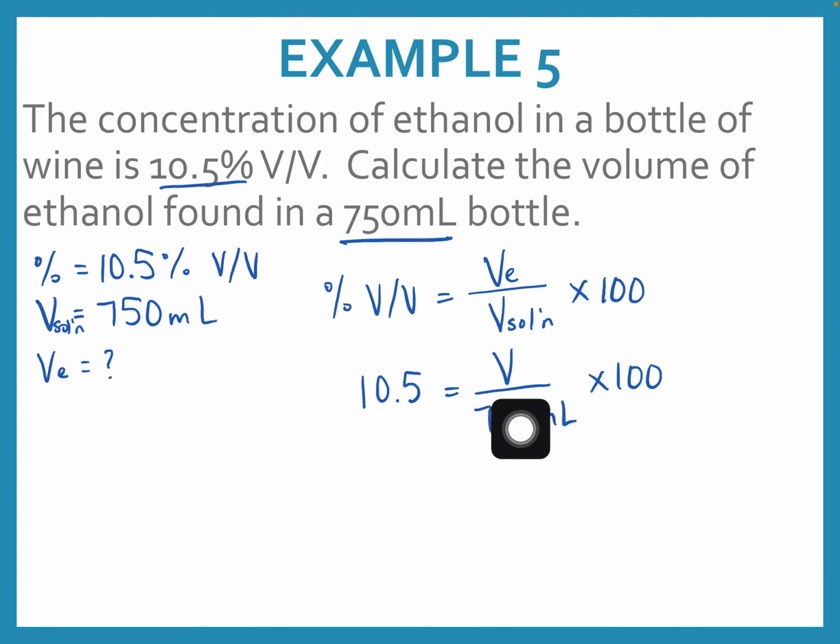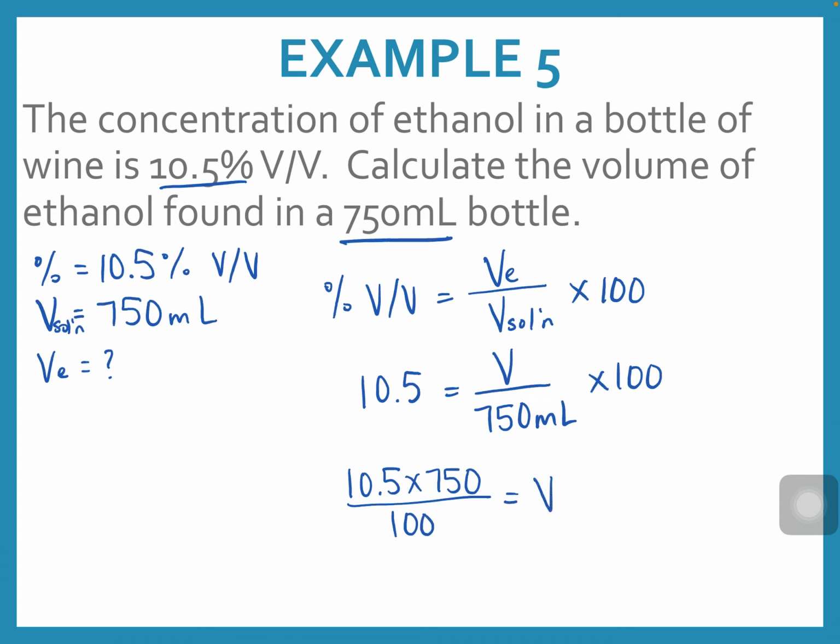So this is a division, so I'm going to multiply by 750. That's multiplication, so I'm going to divide by 100. So I have 10.5 times 750 divided by 100, and that's going to equal my volume of ethanol. So 78.75 mils is my volume of ethanol in 750 mils of wine.